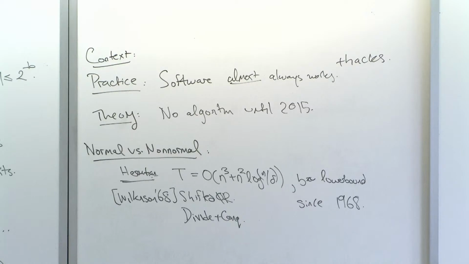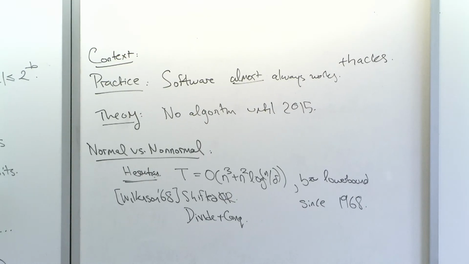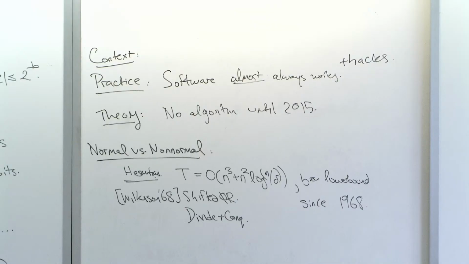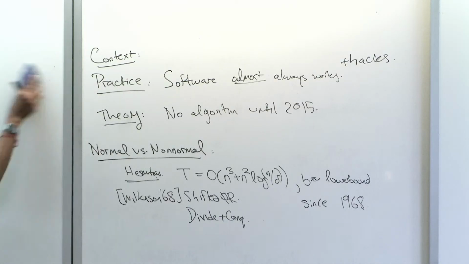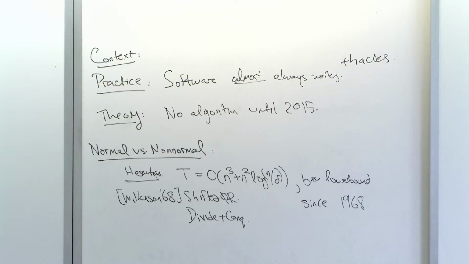OK, so now let me try to give you some sense of why this non-normal case is difficult. I'll just leave the statement of the problem on the board. Okay, so I'll explain this by showing you some examples.